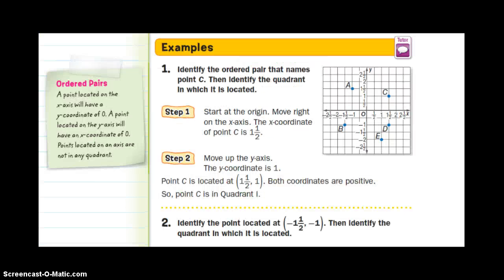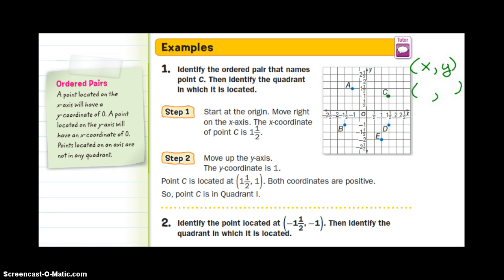All right, now let's look at the examples. In example number 1, we need to identify the ordered pair for point C. So first let's locate point C. And then let's open our parentheses. Again, ordered pairs are listed x, y in parentheses.